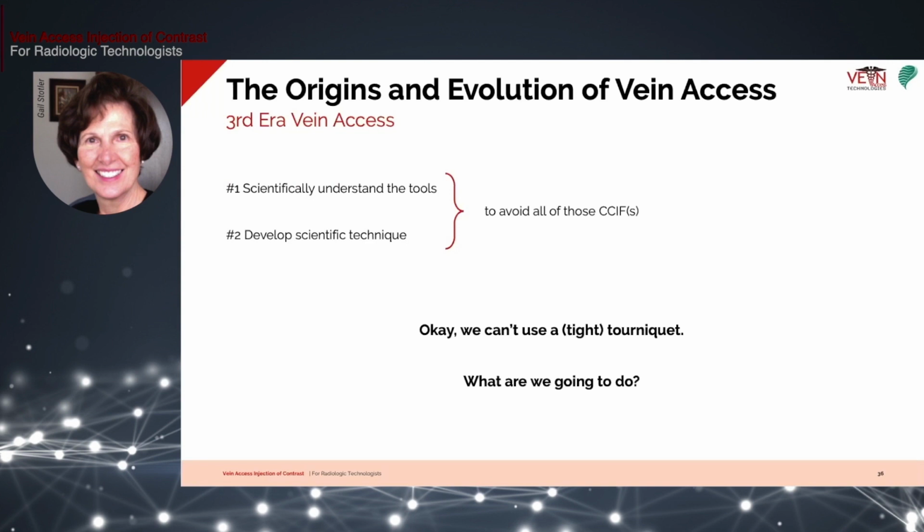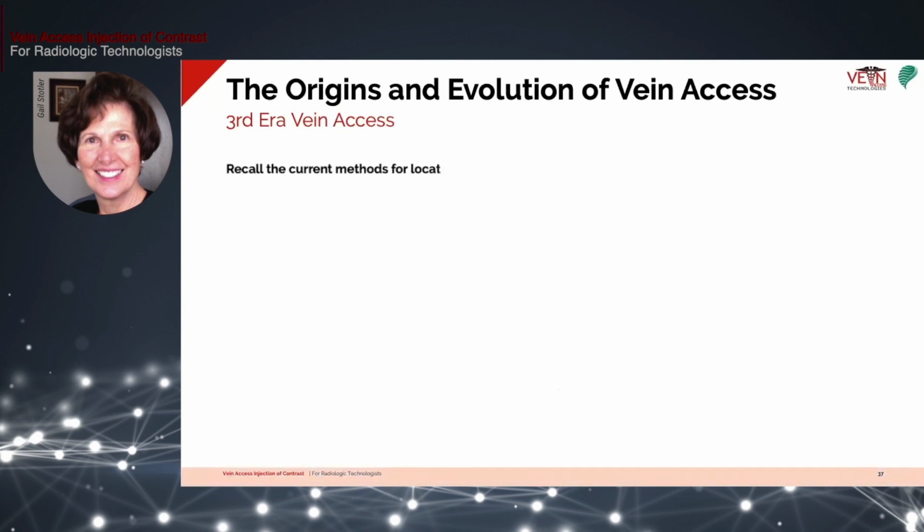I call it art class. But we're not interested in somebody's impression. We want the science base. And so we need to develop scientific technique then for performing this procedure to avoid all of the CCIFs. All right, so we can't use a tight tourniquet. What are we going to do?